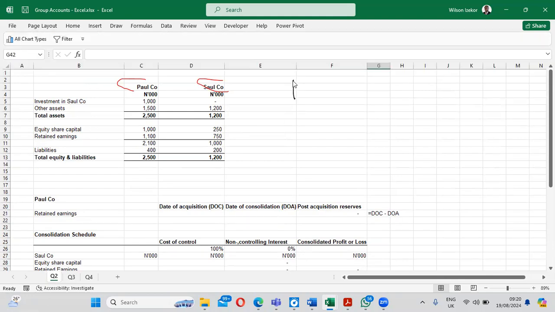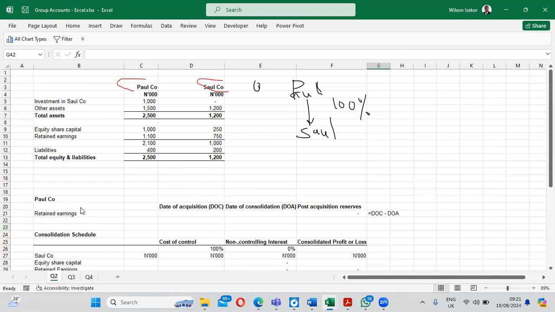So here we have the parent company, which is Paul. This is just how the group structure looks like. The parent company, Paul, owns Sol, and the ownership is 100%. So this is the first step that you have to take.